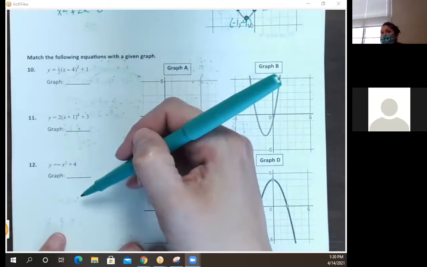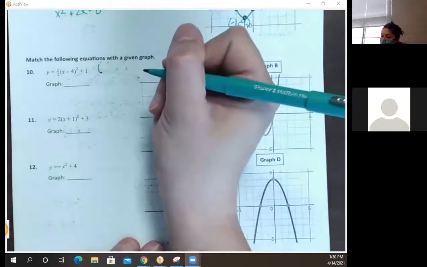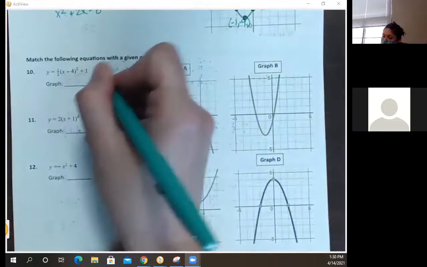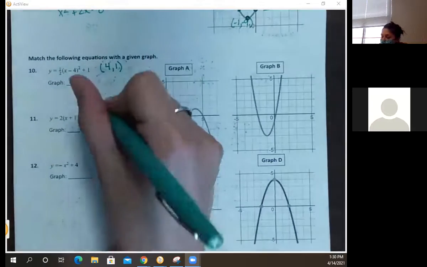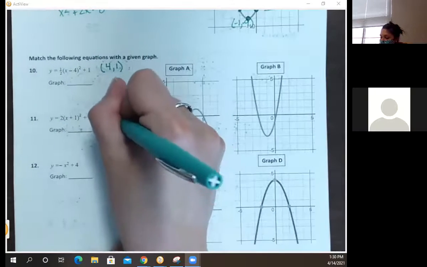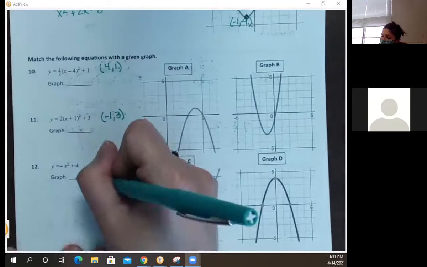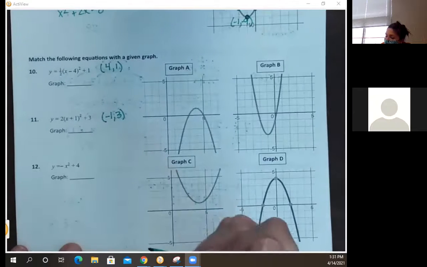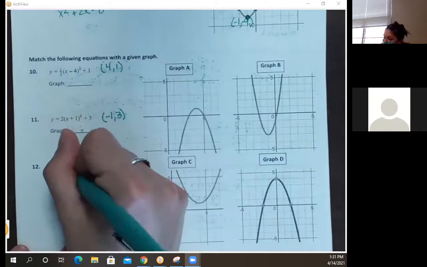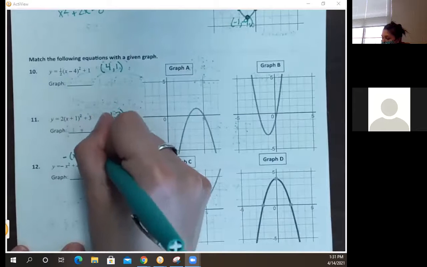So what I'm going to do here is start by identifying the vertex in each of my functions that I'm given. So for 10, 11, and 12, I'm going to jot down the vertex. My vertex for number 10 would be 4, 1. My vertex for 11 would be -1, 3. And my vertex for 12, this kind of doesn't look like vertex form where the other two definitely did. But remember, if I don't see what that x coordinate was supposed to be, that means that it's 0.